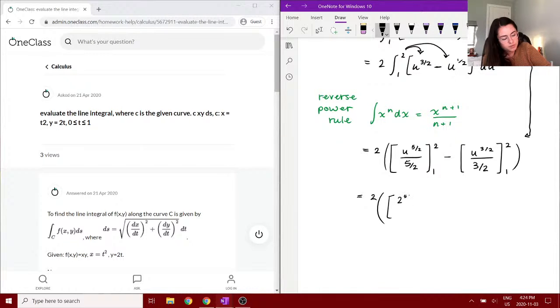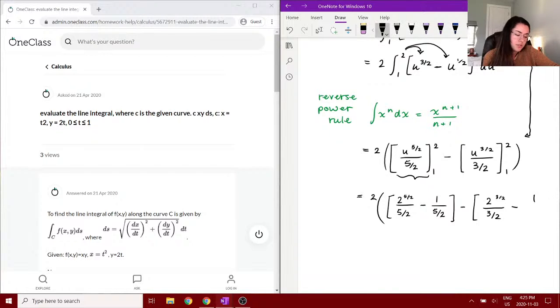We have 2 to the 5 over 2 divided by 5 over 2, minus 1 to the 5 over 2, which we can just ignore because 1 to the power of anything is still 1, divided by 5 over 2. So that's just evaluating this first term. And now we're going to evaluate the second term, so replacing u with 2: 2 to the 3 over 2, minus 1 to the 3 over 2, and remember this is a 1, but we don't need to write it, divided by 3 over 2.